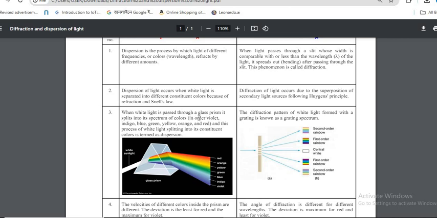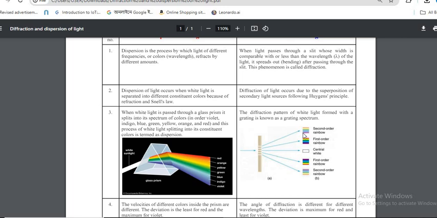When white light passes through a glass prism, it splits into spectrum colors, from violet to red: violet, indigo, blue, green, yellow, orange, red. This process of white light splitting into constituent colors is termed dispersion.